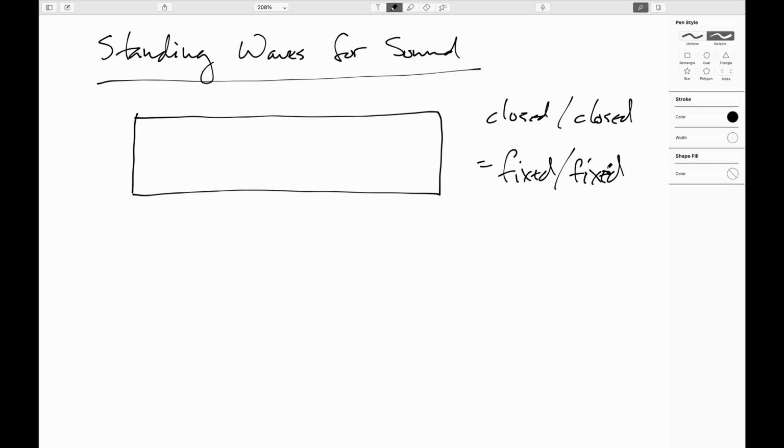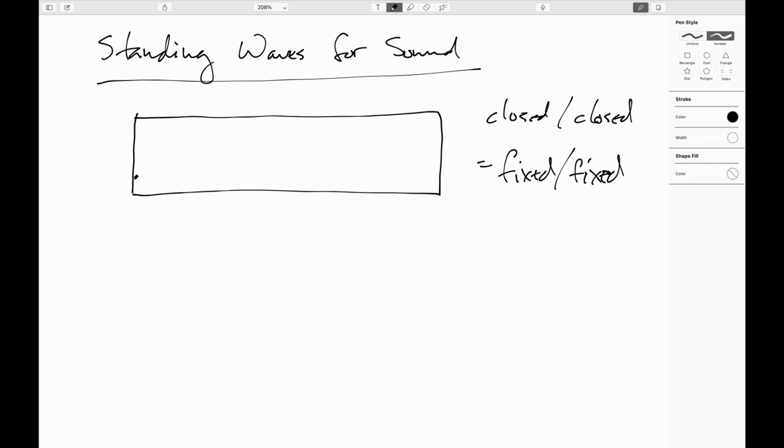So here we will be demanding a displacement node, which means that the air at either end isn't moving, which makes sense because these ends right here aren't moving, and so that's what we need to match up with.